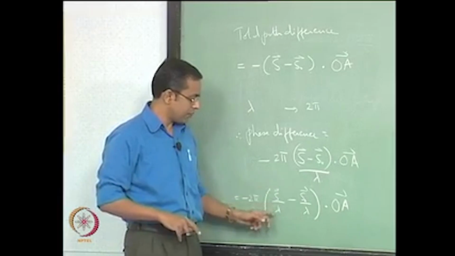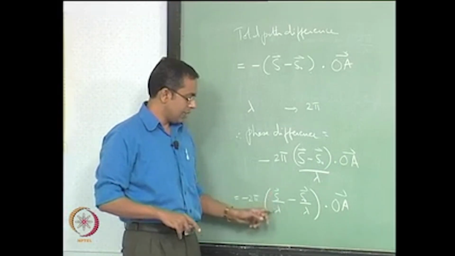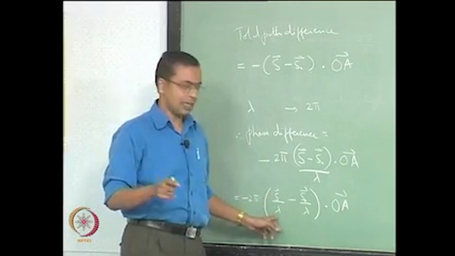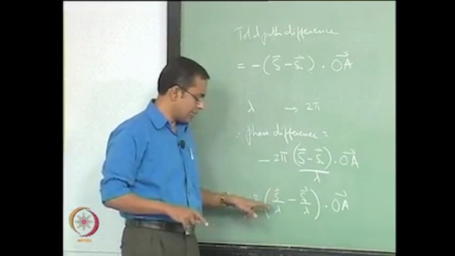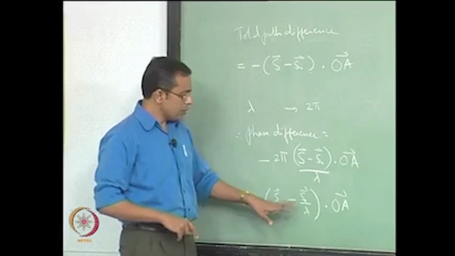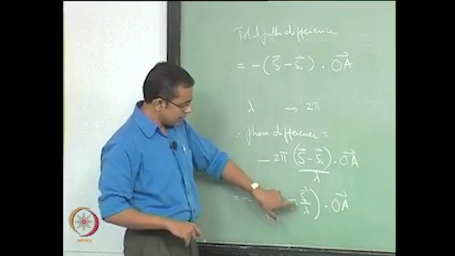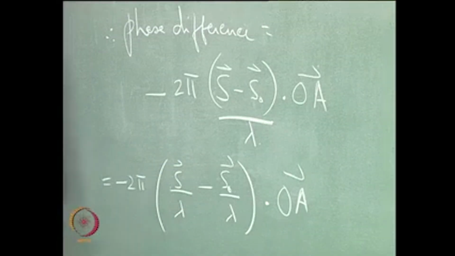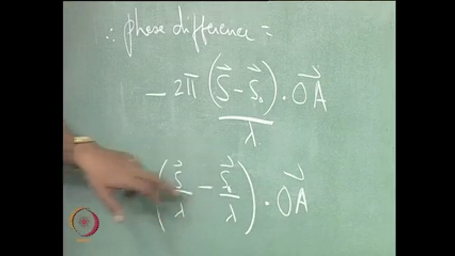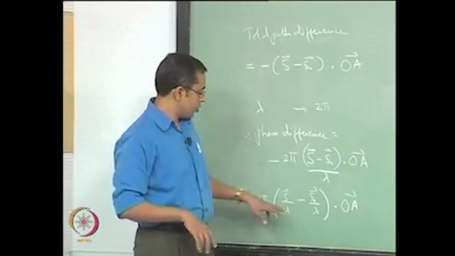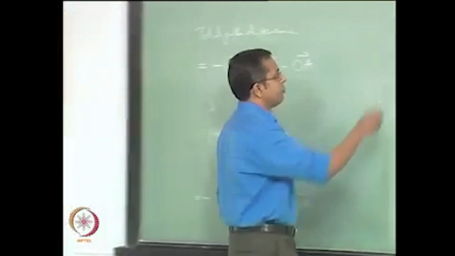In terms of its dimensions, it is correct for reciprocal space representation because it has both a direction as well as a 1 by length designation. So this is a vector in reciprocal space, this is a vector in reciprocal space, and therefore the difference between these two vectors is also going to be a vector in reciprocal space, fine.